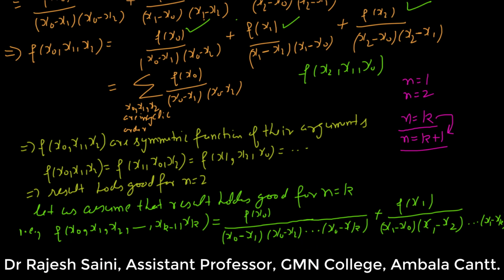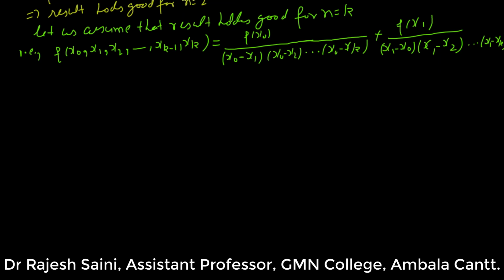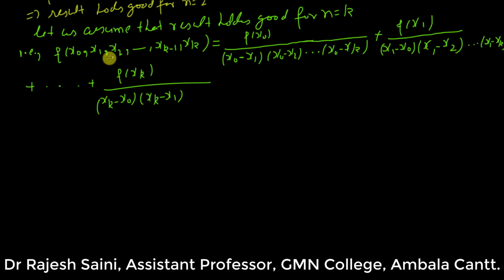And it is further plus, and so on. You can write the kth term, it will be f of xk divided by xk minus x naught, xk minus x1, and so on. You can write xk minus xk is to be left, so xk minus xk minus 1. Okay, and name this equation as equation star.